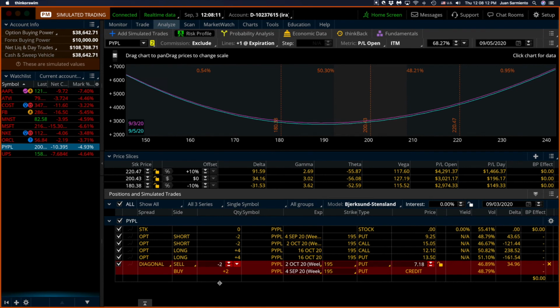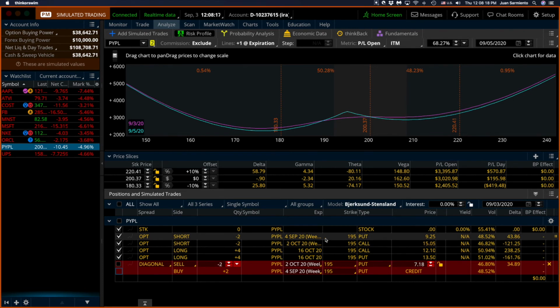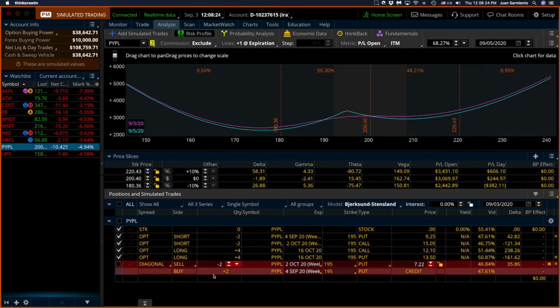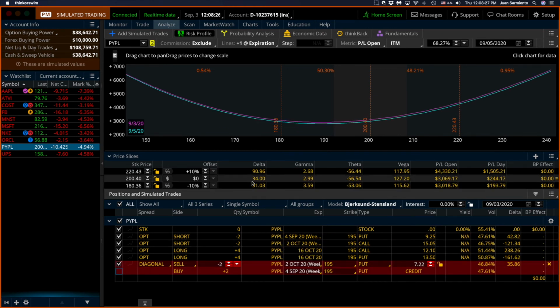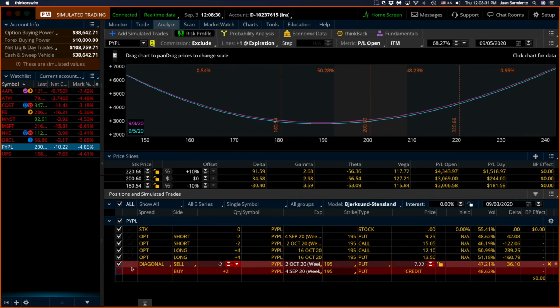All right, so now we have PayPal. I see that we also have the put expiring tomorrow, so we can do the same as we did with Apple and Facebook: take a little credit, and that will neutralize, making my delta go from negative to more positive.